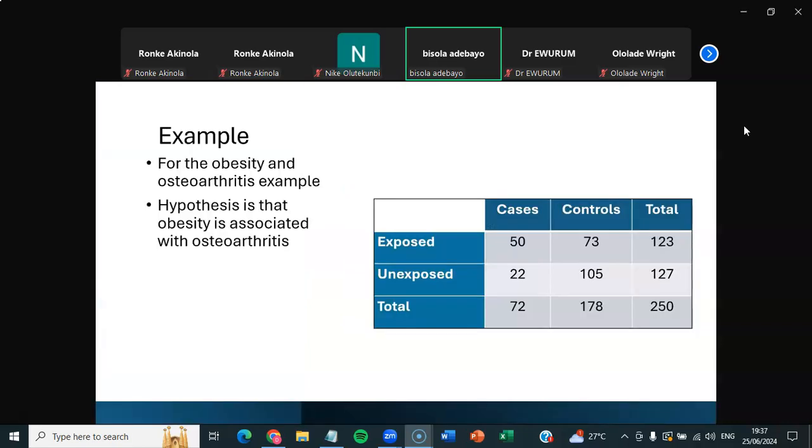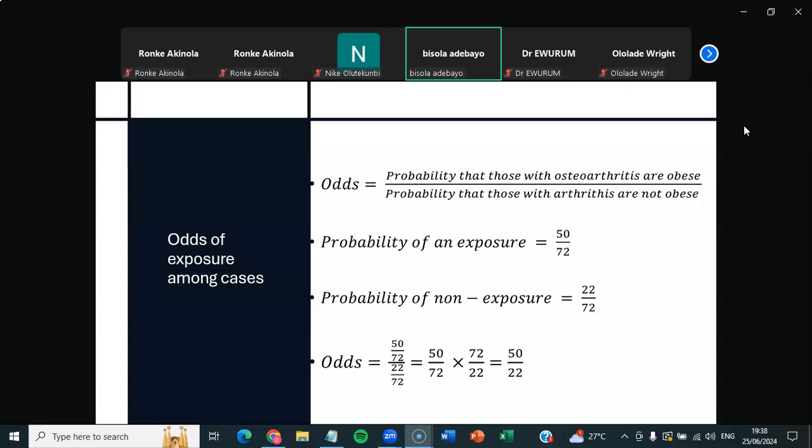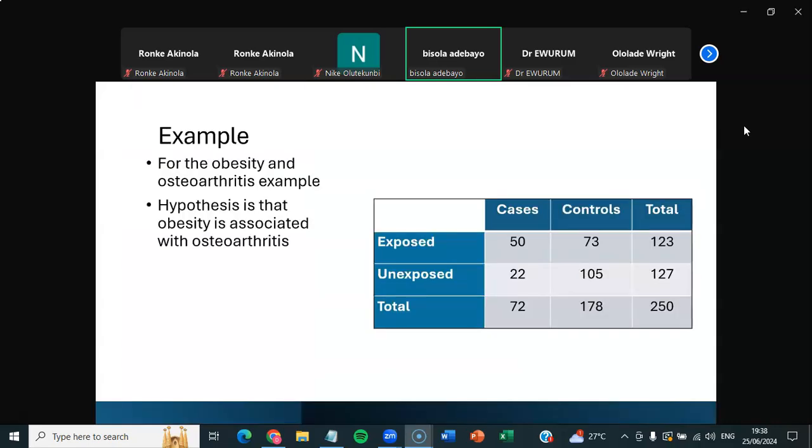So just to do an example, if we look at osteoarthritis as an outcome, and we say some have, some don't have, and we look at being obese as having an association with it. We have this type of table.